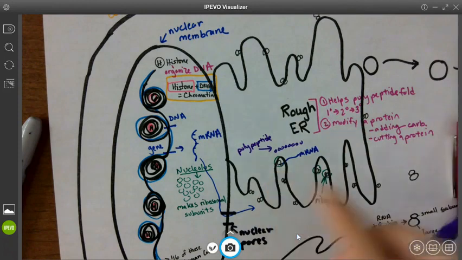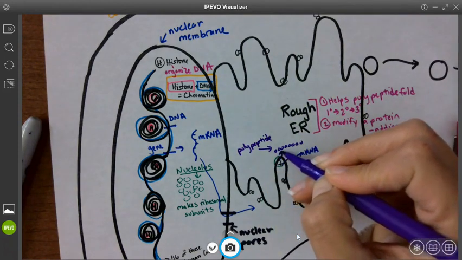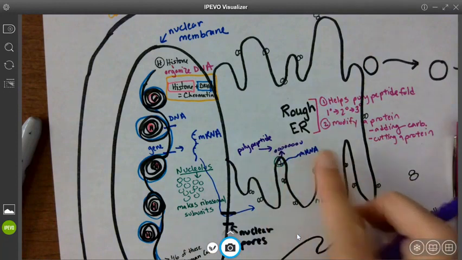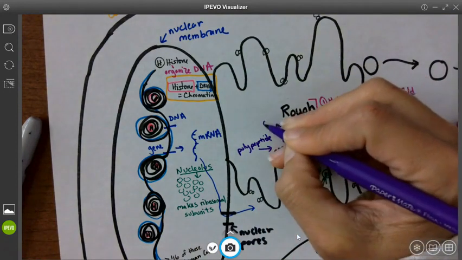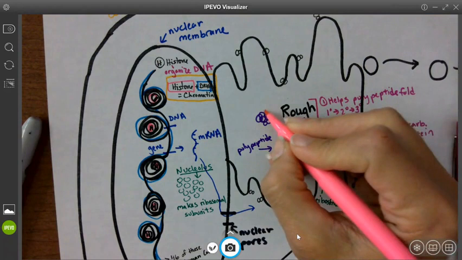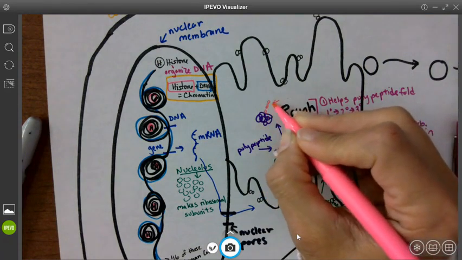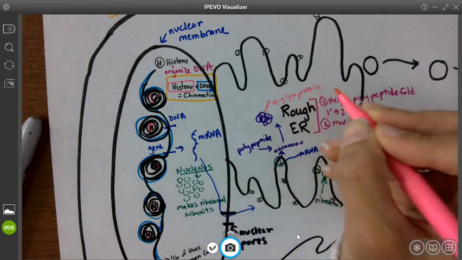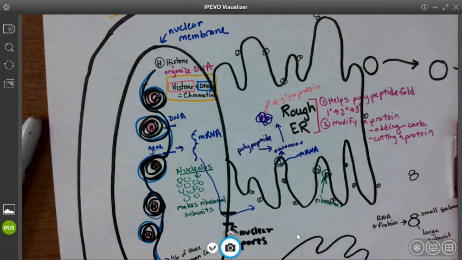So this attached ribosome is making a polypeptide into the middle of the rough ER. In the middle of the rough ER, this polypeptide can be folded up into its secondary and its tertiary structure, and carbohydrate groups can be attached to make it a glycoprotein. Other modifications can occur as well. It can be cut, all sorts of things can happen to it.